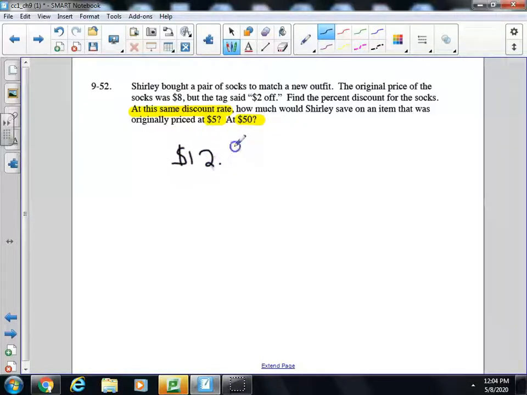And I challenge you to see if you can find that answer in two different ways. Can you use the percent ruler like Ms. Lanzo showed you? Can you set up an algebraic equation like I showed you? They're both very good methods to be aware of and be able to use in different scenarios. All right, so moving on to question 53.